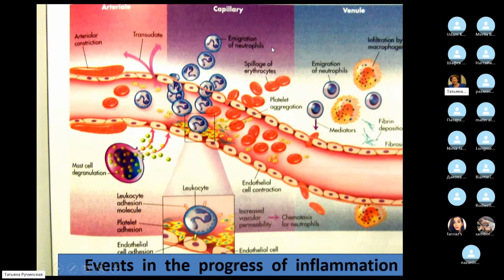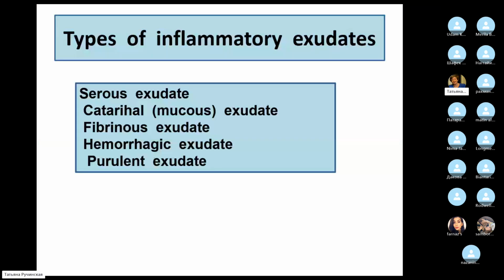That is why there appear different types of exudates. Serous exudate is a light fluid with a lot of leukocytes and proteins.